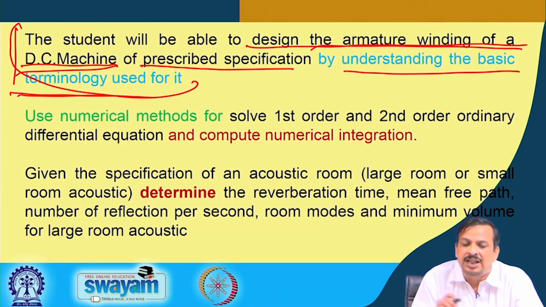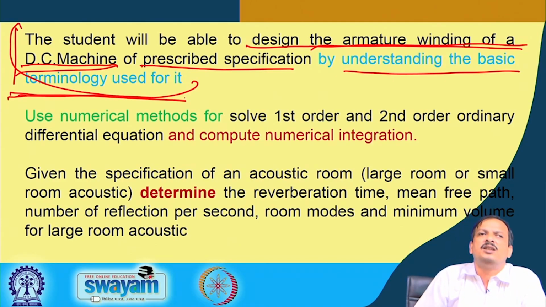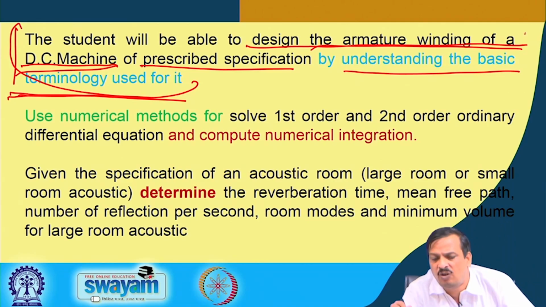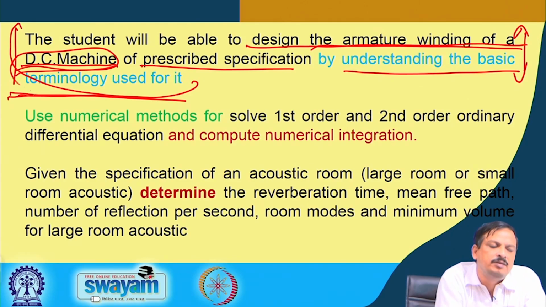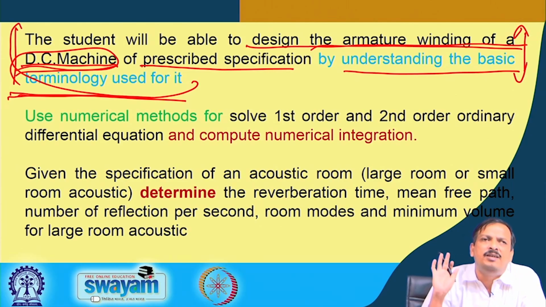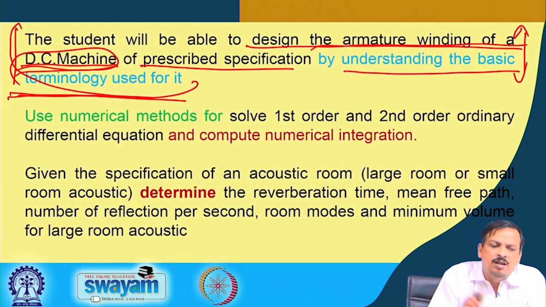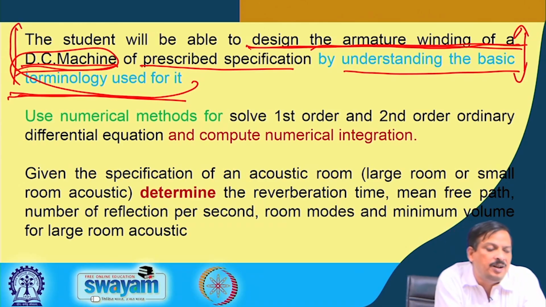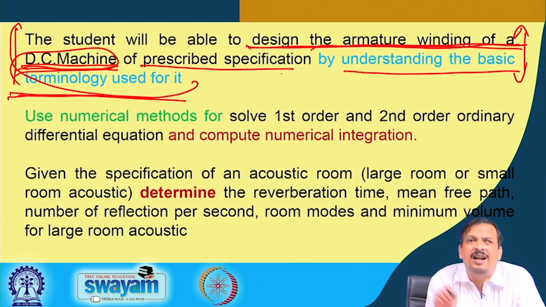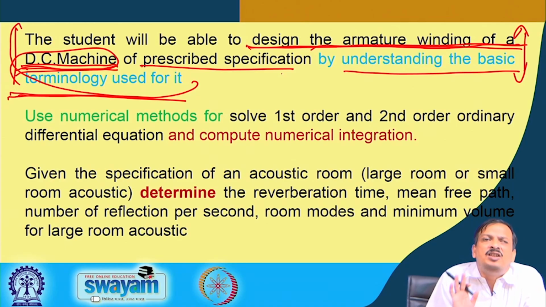Another condition is using the basic terminology of this subject or armature winding. The criteria component is not there. I have not said what kind of DC machine it is or what precision I want in the design. But the measurable performance is to design the armature winding of a DC machine. What is given? The specification is given and all the terminology you have to use.